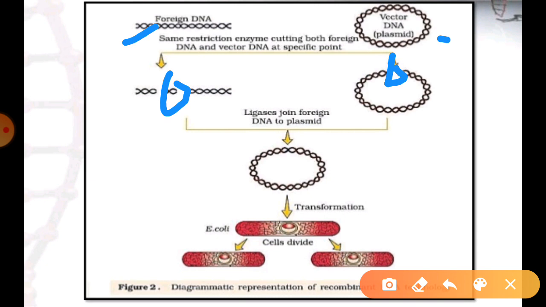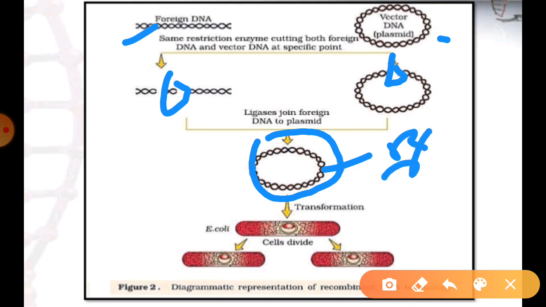And when we get such structures, we get the recombinant DNA, which is introduced into a capable host. As you can see, we are taking Escherichia coli. So this recombinant DNA is introduced into this host.